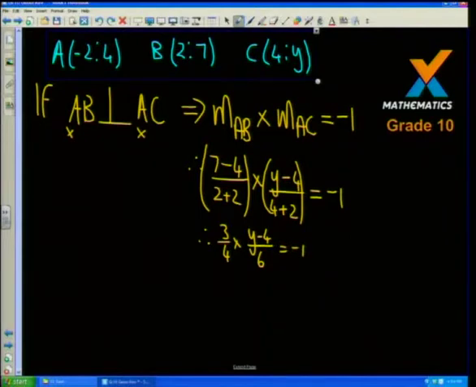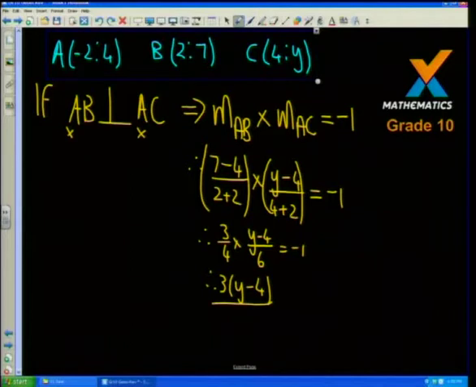Now you guys can remember how to multiply fractions. I multiply the numerators and divide by the product of the denominators. So at the top, I'll get 3 times (y minus 4). And at the bottom, you'll notice I'm not multiplying it in because I'm going to solve for y. At the bottom, I get a beautiful 24, and that is still equal to minus 1.